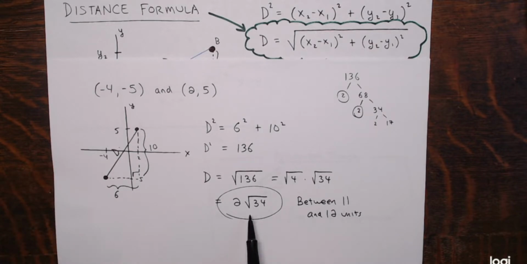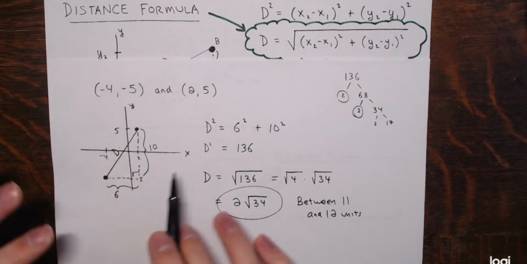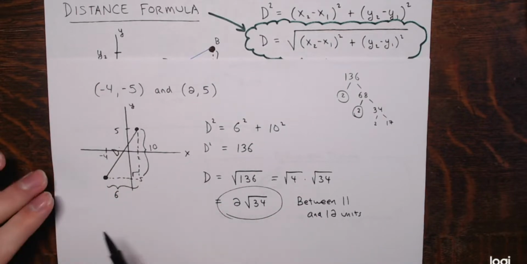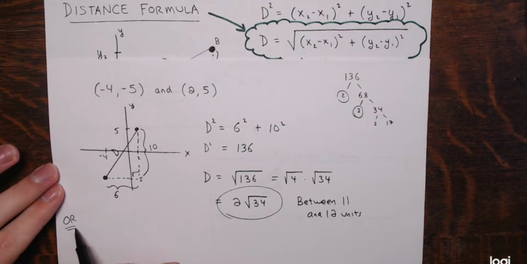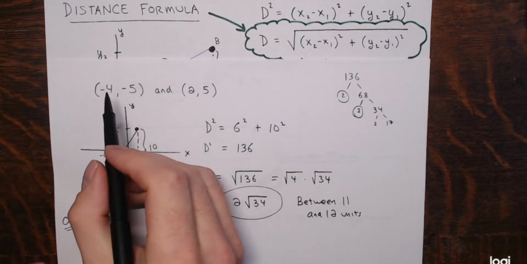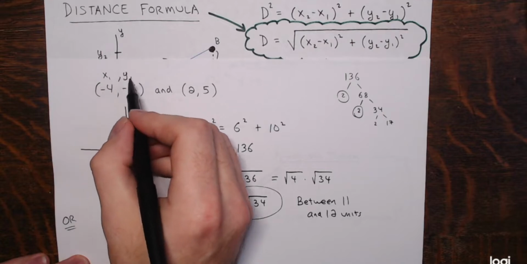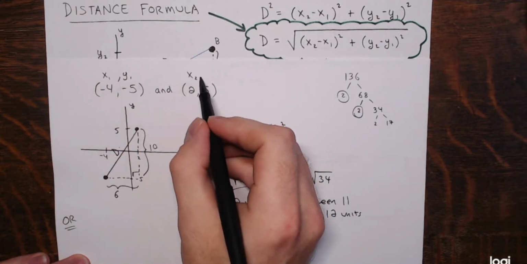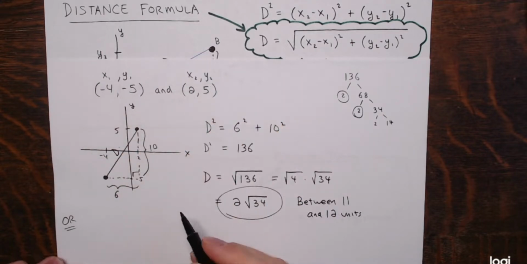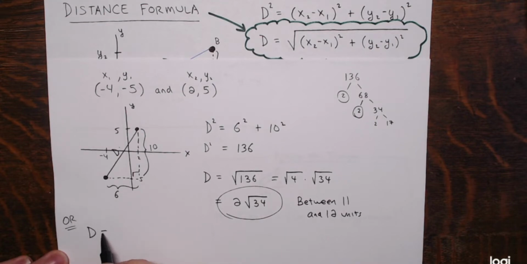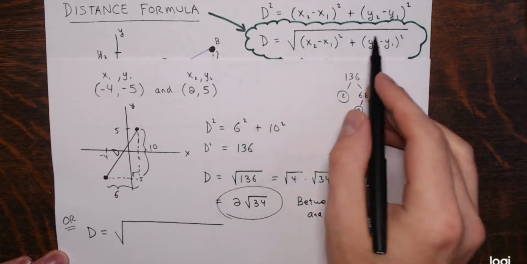Now, that was with a nice picture and everything. You could just use the formula, right? Label your points. One end I have x1, y1. The other end I have x2, y2. And then go into the formula. The distance is the square root. Make a big square root, like up here.